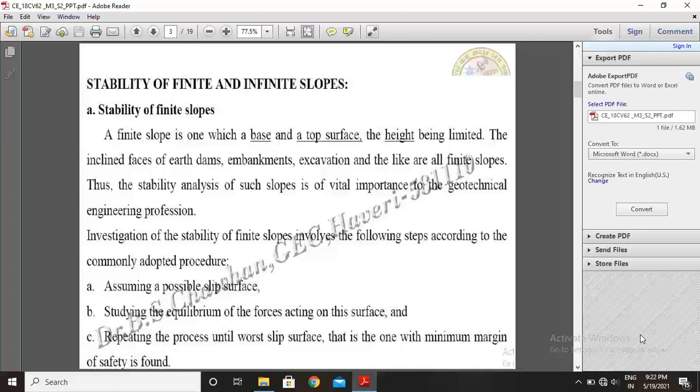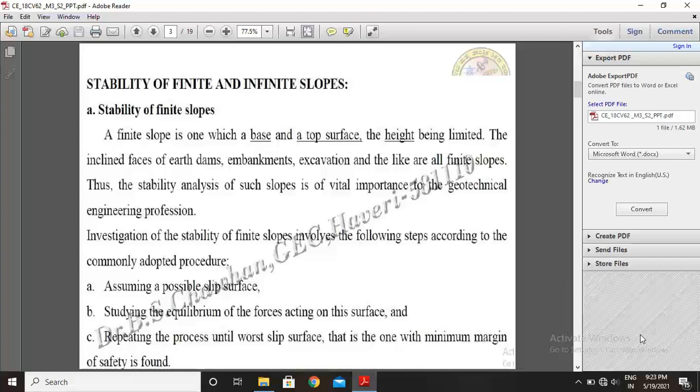The inclined faces of earth dams, embankments, excavations and the like are all finite slopes. Thus, the stability analysis of such slopes is of vital importance to the geotechnical engineering profession.